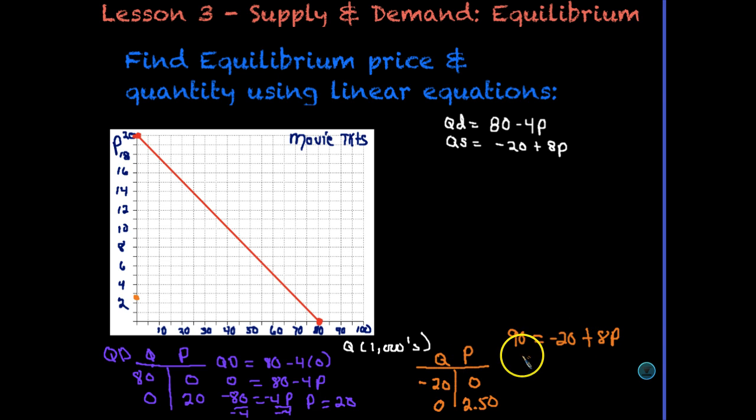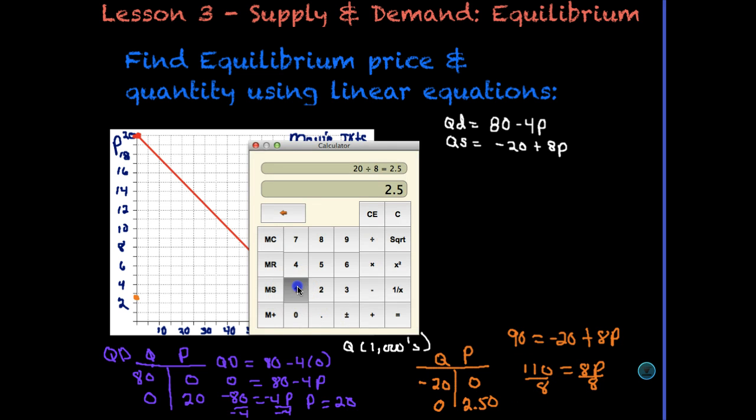We would add 20 to this and get 110 equals 8p. And then if we divide both sides by 8, 110 divided by 8 would give us $13.75 for a price.